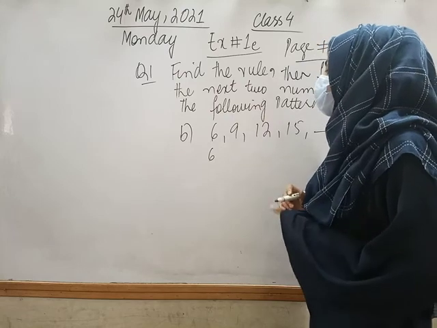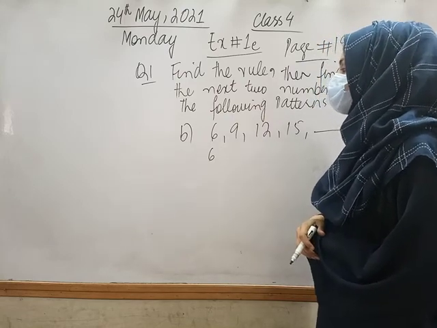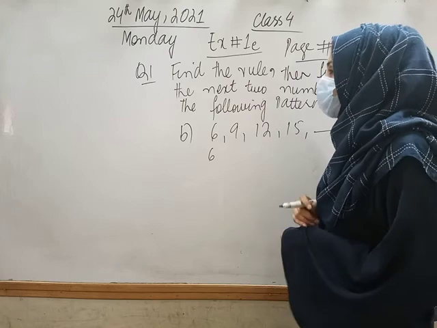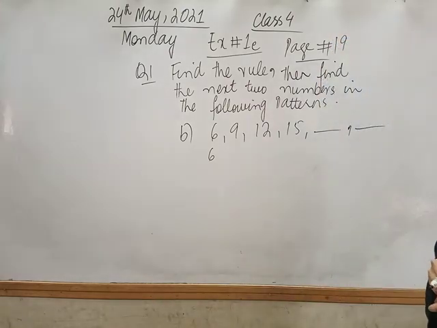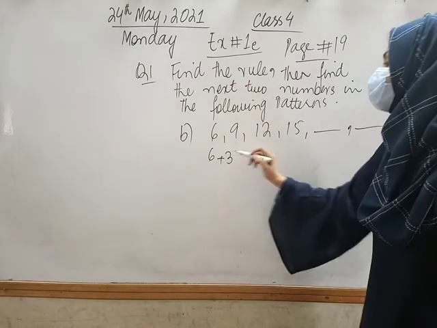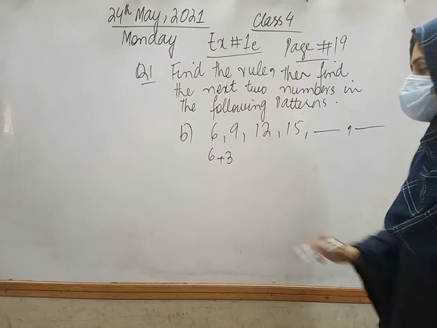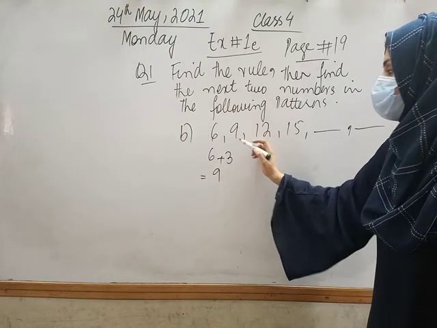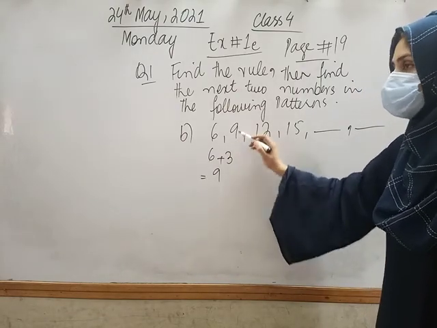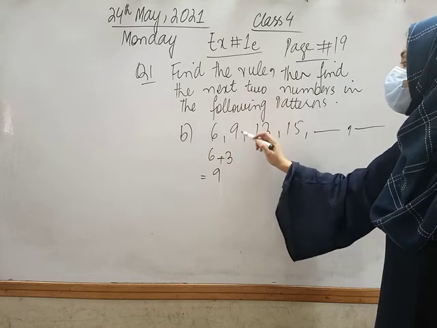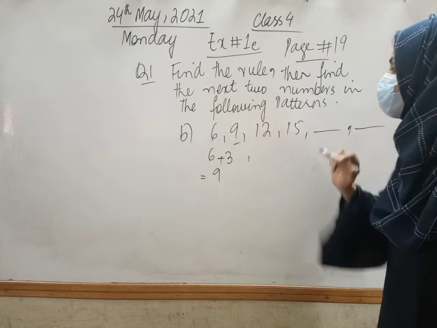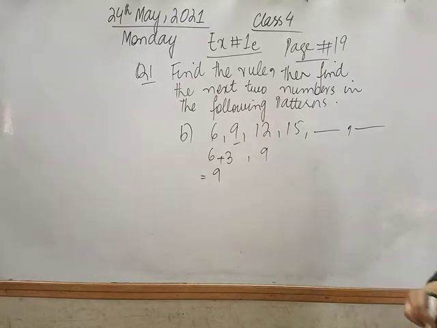Very good. Now what number will I add to make 9? Very good. 3. I will add 3 to it. So through this I got the next number, which is 9. Is this clear to everyone? Now for the next number, what do we have? 9.